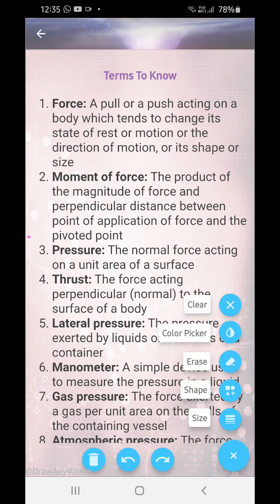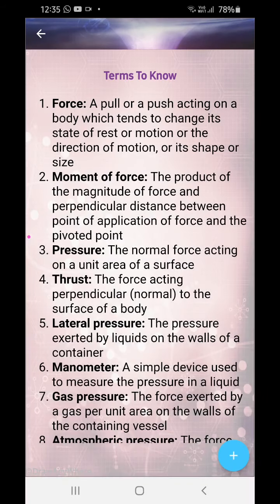Now let me take the pen tool. Now the moment of the force: the product of the magnitude of the force and the perpendicular distance between the point of application of the force and the pivot point. Suppose you have a point over here, and you have tied an object over here, and then you are circulating it.